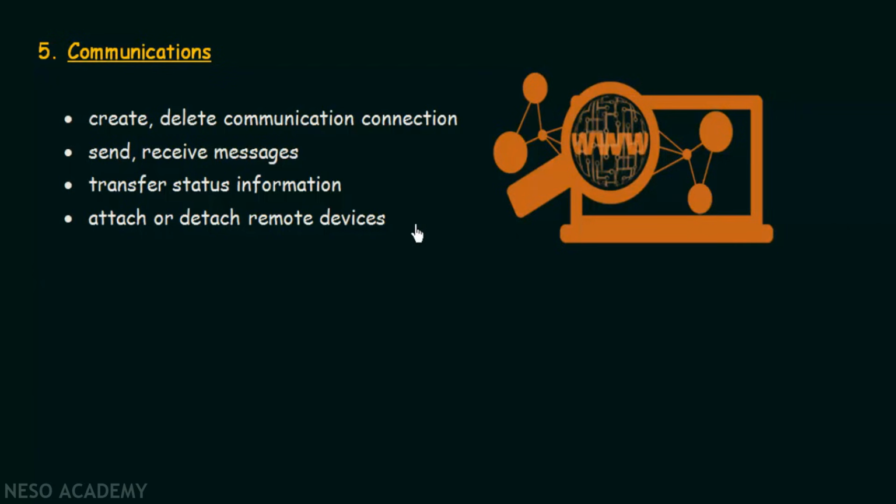There may be remote devices attached to the system, or which may have to be attached to the system. For attaching and detaching those devices, we need these communications, because these are remote devices. All these system calls that are related with communications fall under this category of communications system calls.